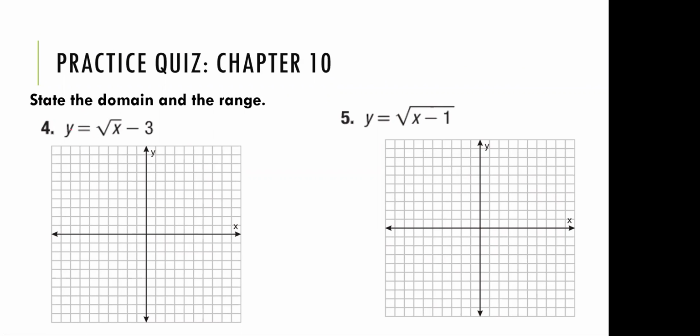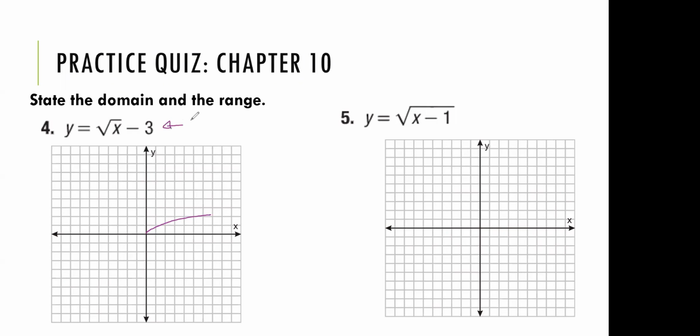So here we have y is equal to the square root of x minus 3. We know the graph of the square root of x, we just saw that graph, is like this. But then it says minus 3.